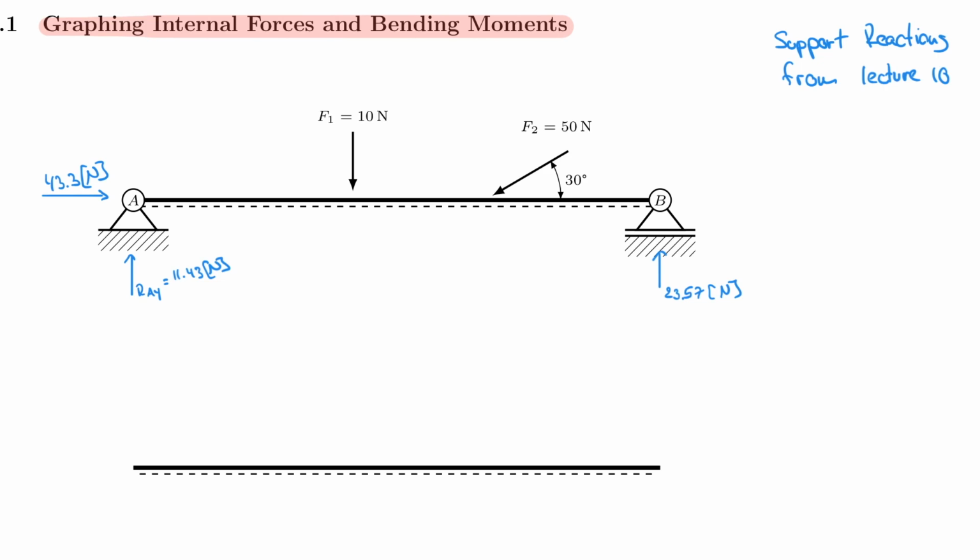And let's therefore talk about the internal forces that we calculated at this location here, to the left of the force and to the right of this force. To do that, let me first bring in the dimensions.